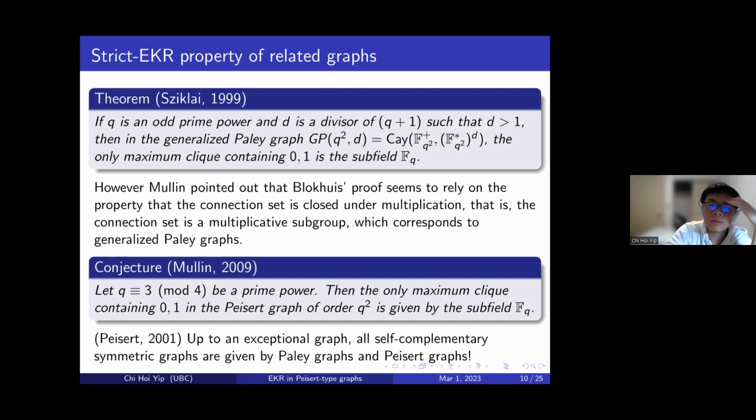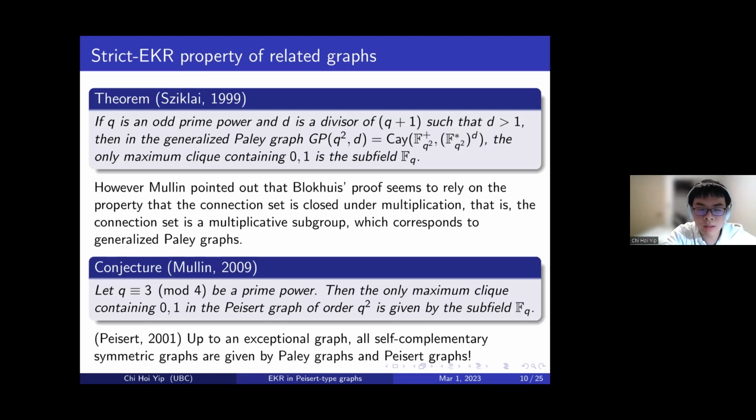So somehow we can understand self-complementary symmetric graphs as those graphs with the highest symmetry. So in other words, Paley graphs and Peisert graphs should be regarded as the nicest graphs in terms of algebraic graph theory.